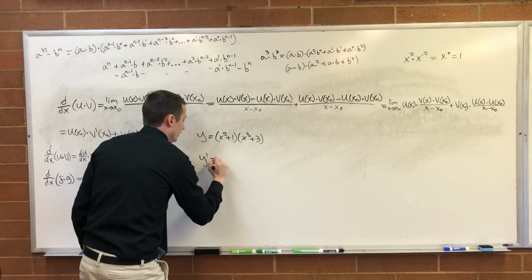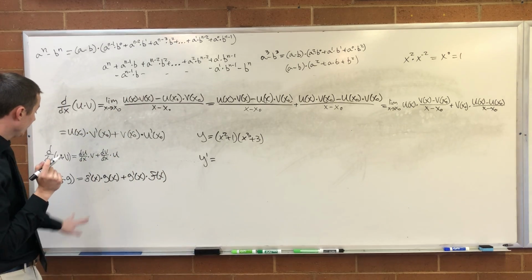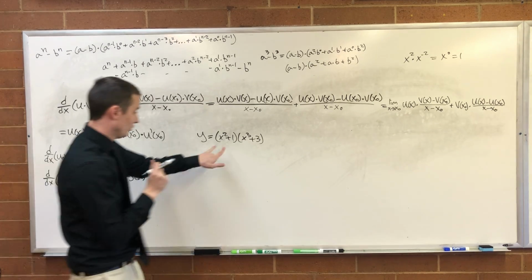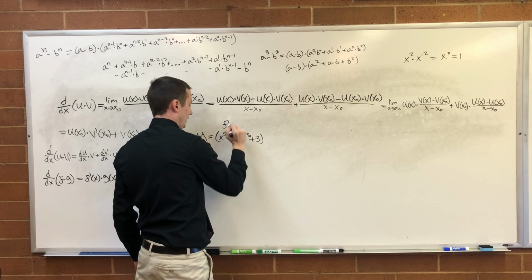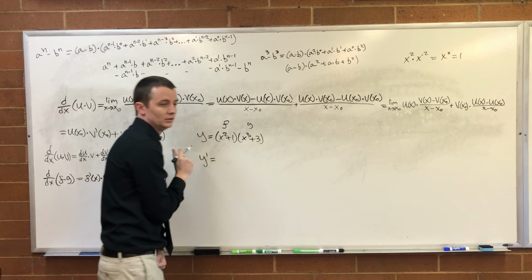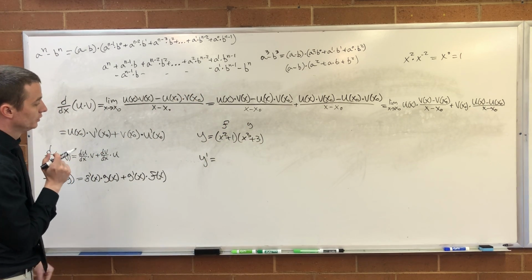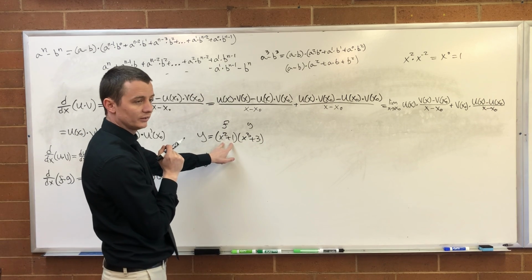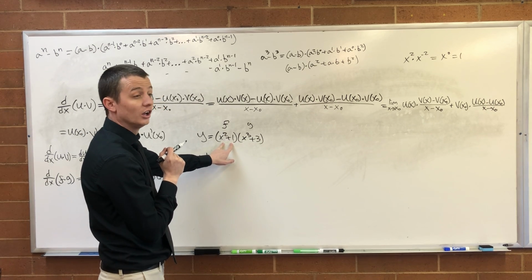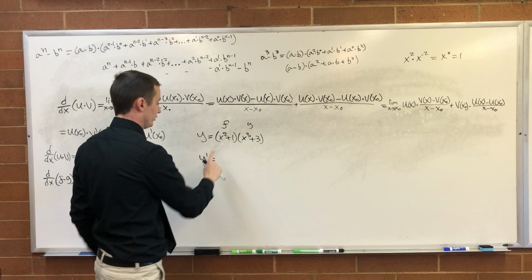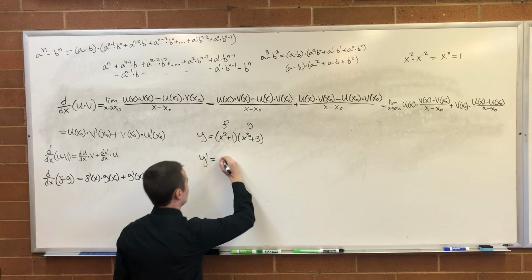So let's calculate the derivative now. So y prime is equal to the derivative of the first function. We're just arbitrarily going to call this thing right here f and this thing right here g, right? So the derivative of this is 2x, right? What's the derivative of this? 3x squared. 3x squared, perfect.